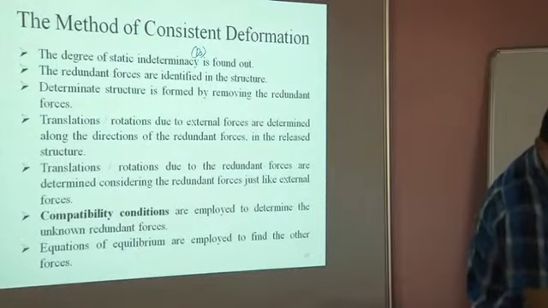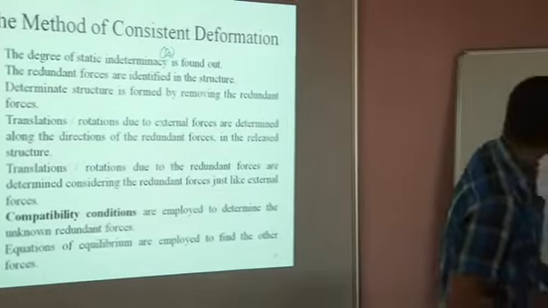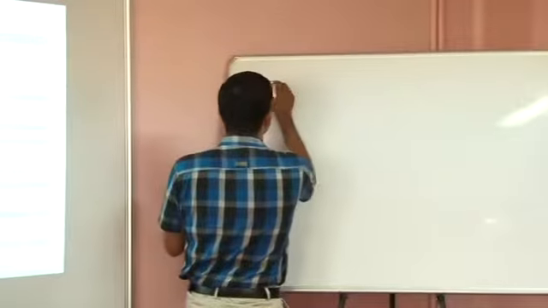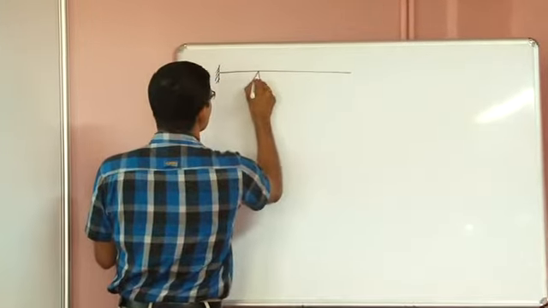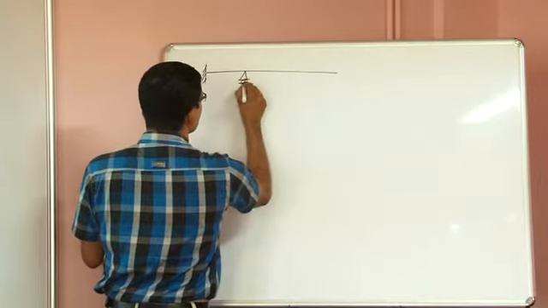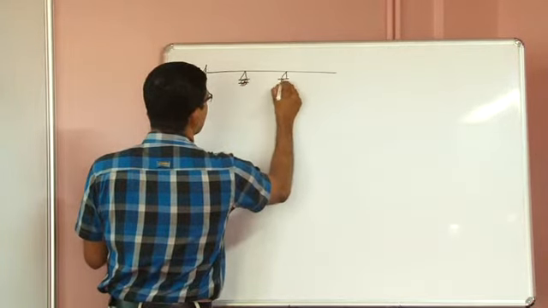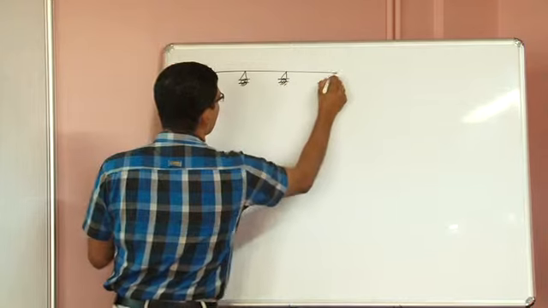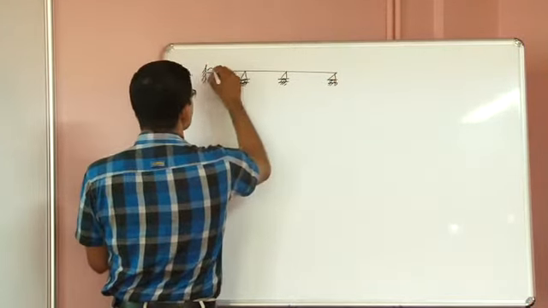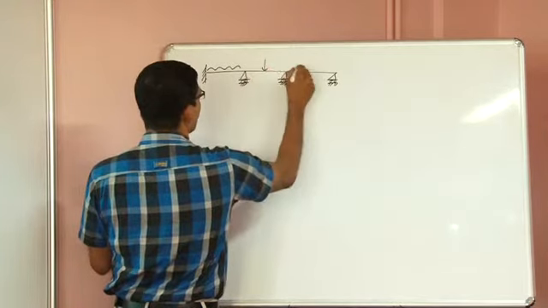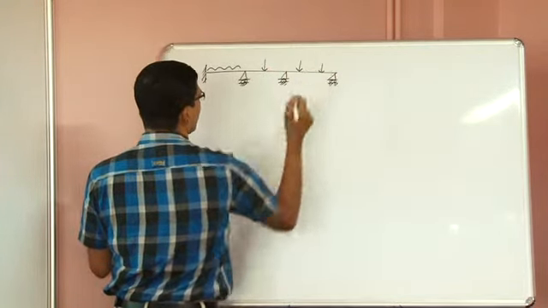If I go for an illustration of a continuous beam with several supports like that, with some forces, maybe UDL here, a point load here, several point loads here, like that.